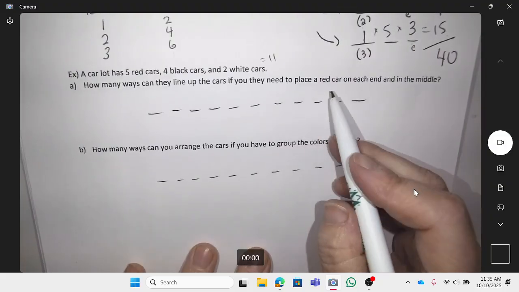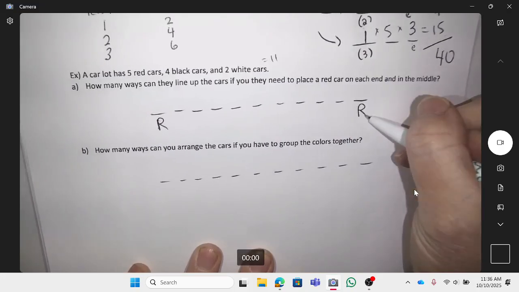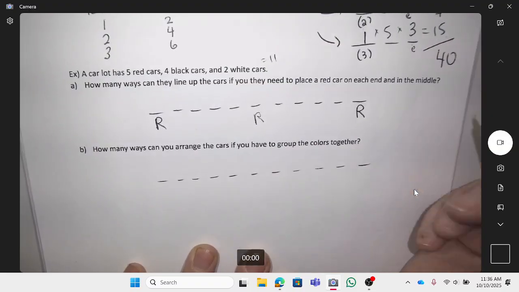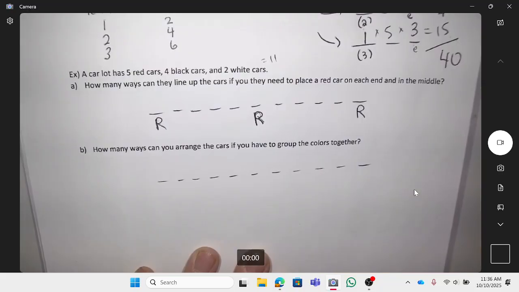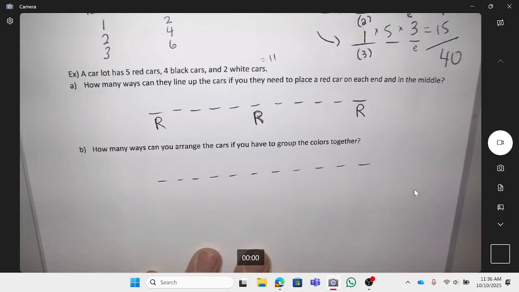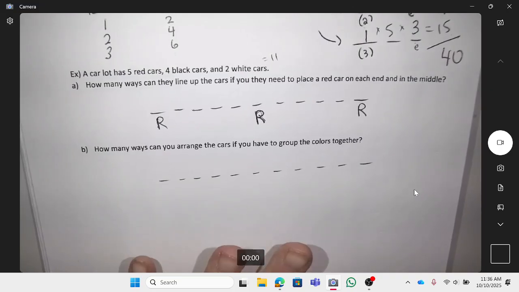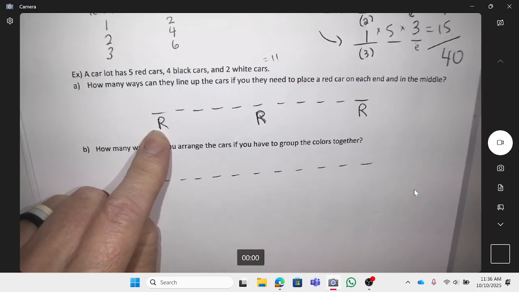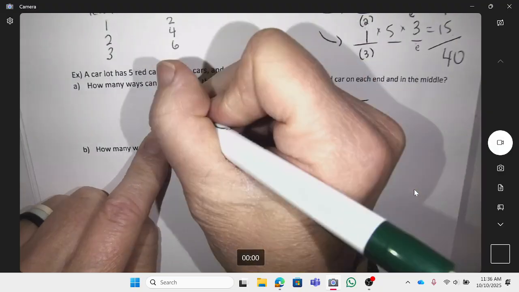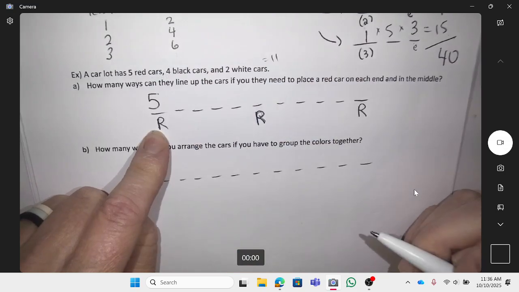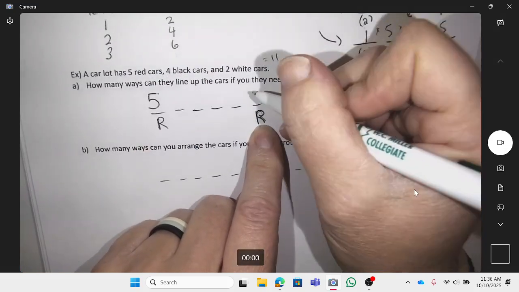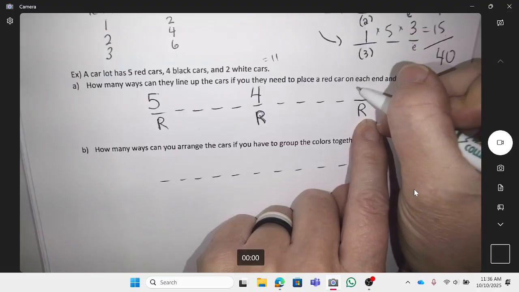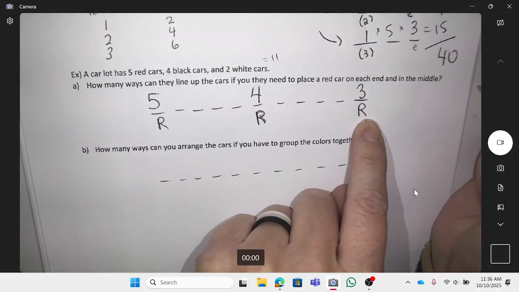I need to put a red car on each end, and I need to put a red car in the middle. Okay, so here we go. I need to put a red car at the start. How many options would I have to pick from? 5. And I need to put another red car in the middle, so how many options now? 4. And then over here, I would have 3 red cars left to pick from.